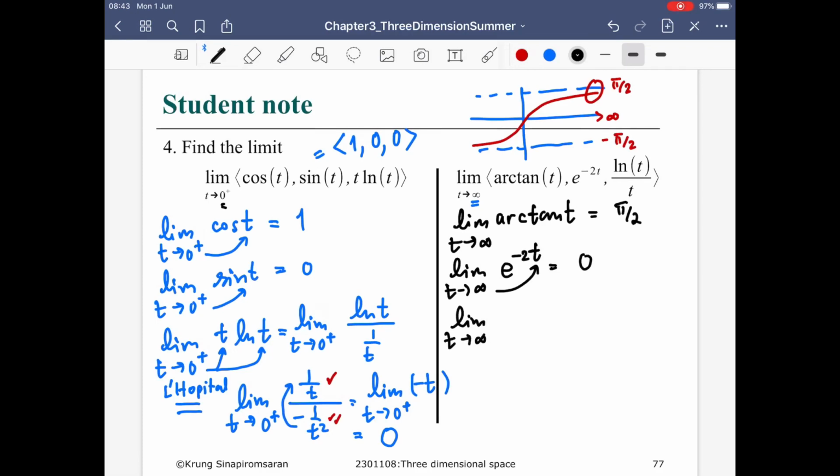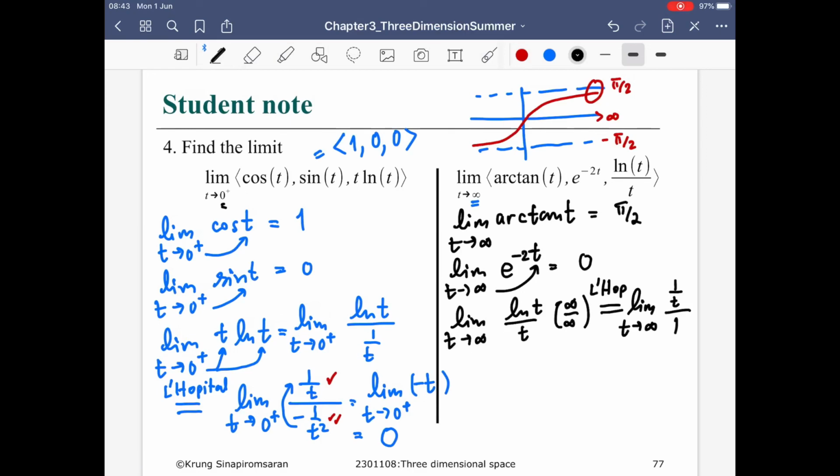And the last one is log of t over t. Again, it is the indeterminate form of infinity over infinity. So we can go ahead and use the L'Hopital to get the limit as your t goes to infinity of the derivative of the top over the derivative of the bottom.